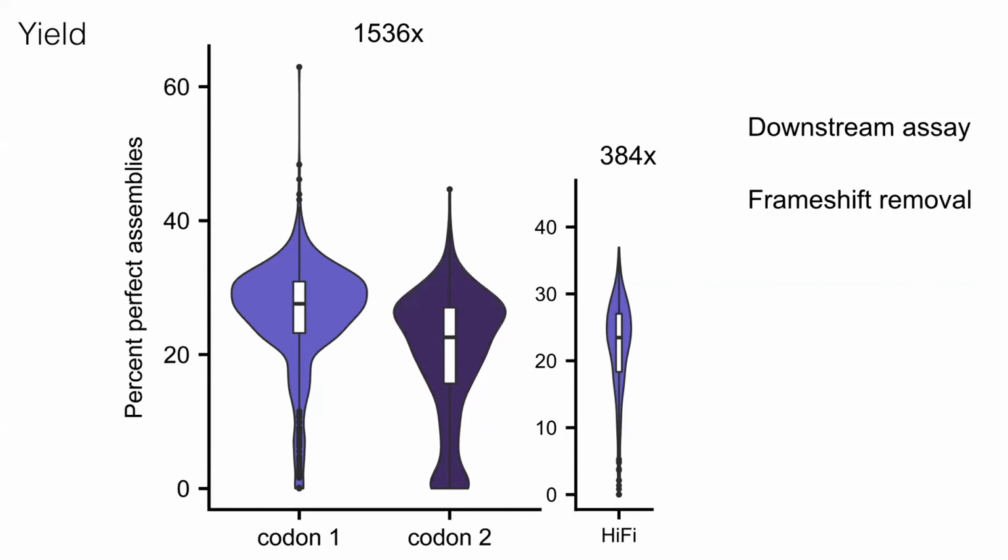I also wanna mention frame shift removal. We've looked at a bunch of different ways to do this in the past. There's a very well-known technique, if you're synthesizing a protein library, of fusing it with some sort of resistance marker in frame to try to get rid of your frame shifts. Now, we've done that in the past, and there is some enrichment.